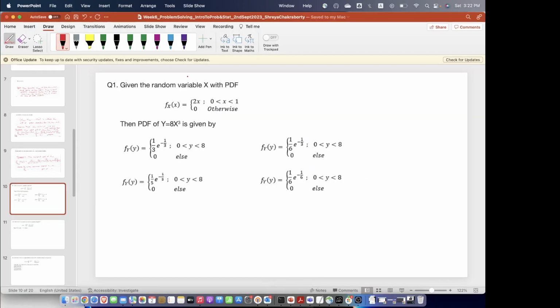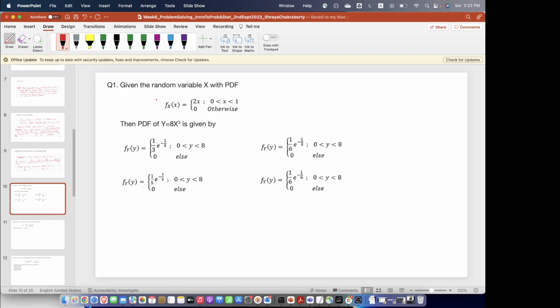Alright, so given that we have a random variable with PDF f(x) equal to 2x, where x can range from 0 to 1, we have to find out the PDF of y equal to 8x cube.